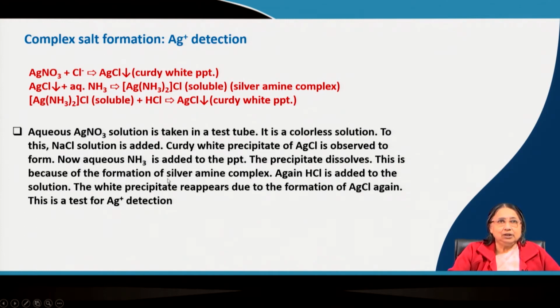This is because of the formation of the silver amine complex. Now, if you again add HCl to the solution, what will happen? The white precipitate reappears due to the formation of silver chloride again.